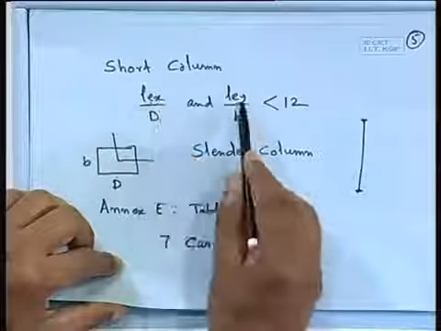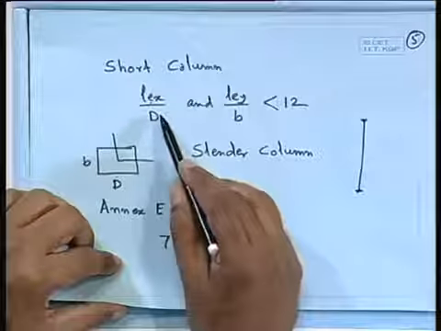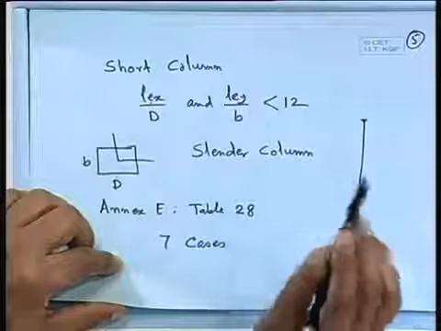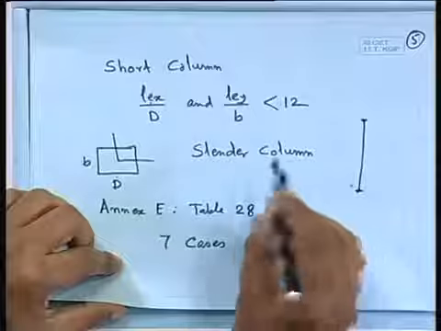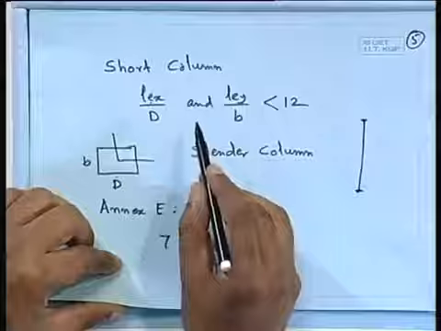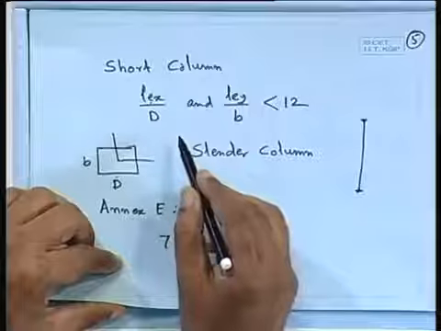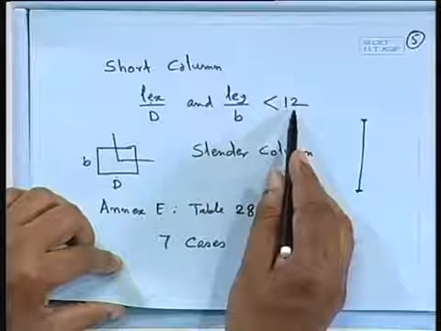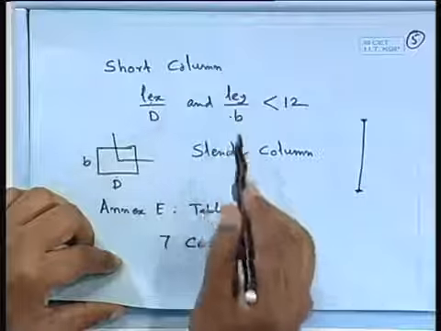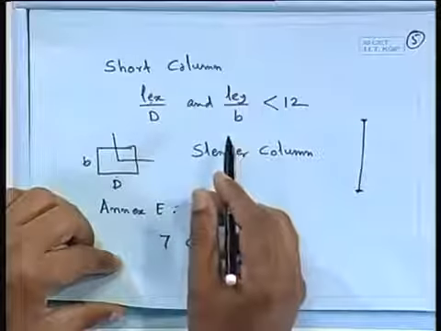We can find out Lex and Ley, and then we can divide by the D. That means in another way it will govern us to find out the D also, because if we know the effective length Lex, then we can find out what should be the dimension. The minimum dimension we have to provide is 200. If we would like to design it as a short column, then we know 12. On the basis of that we can find out the depth and width of that column. But sometimes we have to design for a long column.